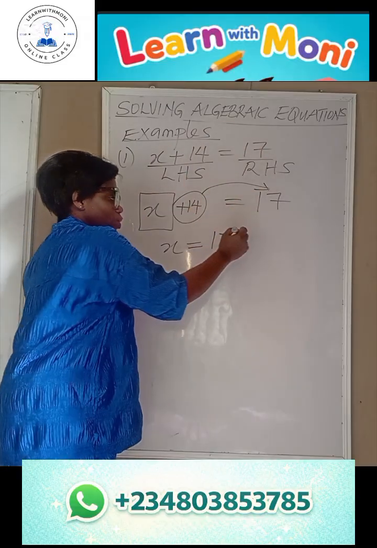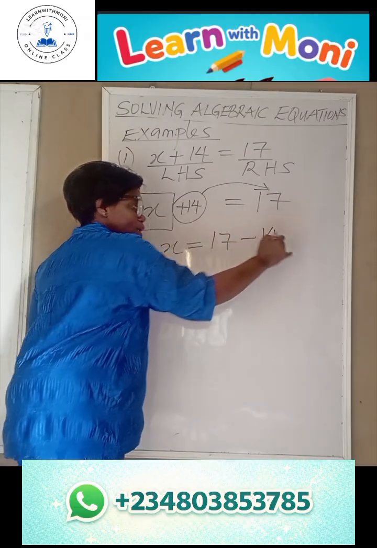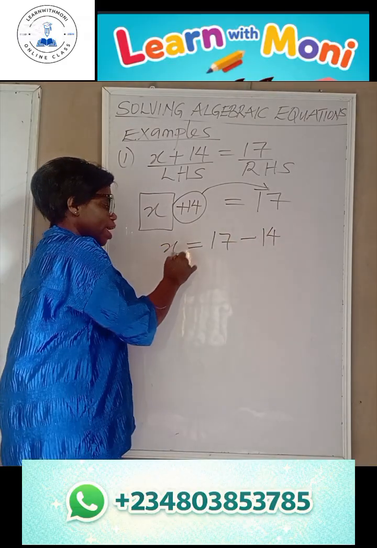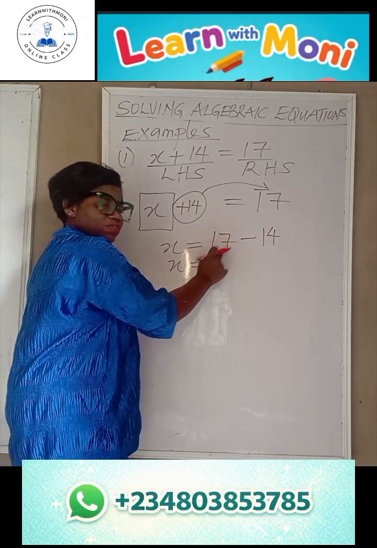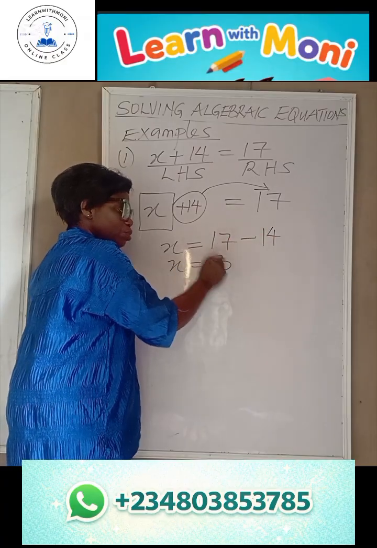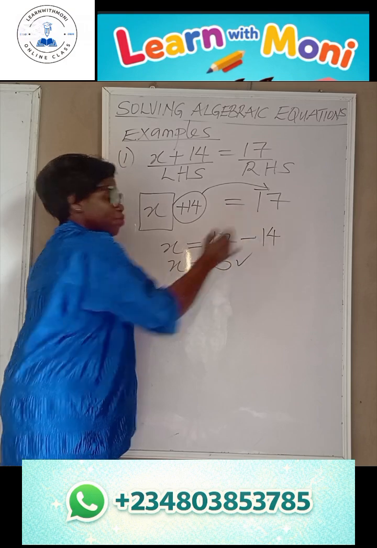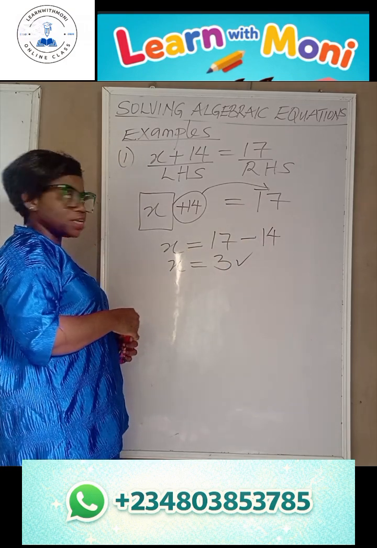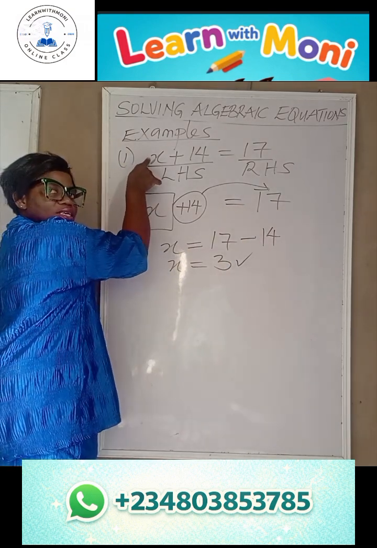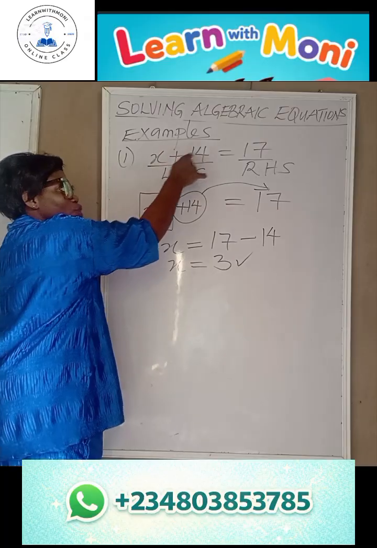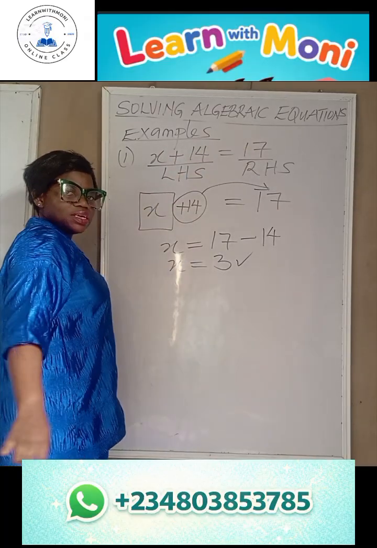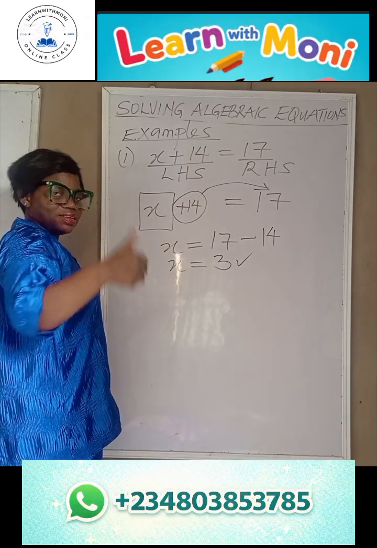So we push it to the other side and it will change to minus 14. So I have x, which is equal to 17 minus 14, and we know that x is equal to 3. And that is the value of our x. Let us check it. If x is actually 3, that means 3 plus 14 is 17. Is that correct? Yes, it is.